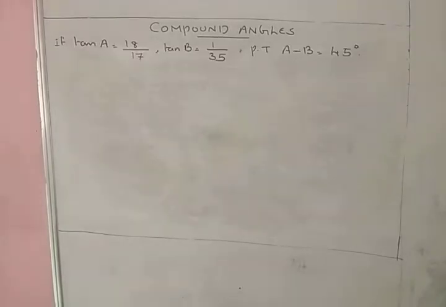Next problem: if tan A is equal to 18 by 17 and tan B is equal to 1 by 35, A and B acute angles, then prove that A minus B is equal to 45 degree.